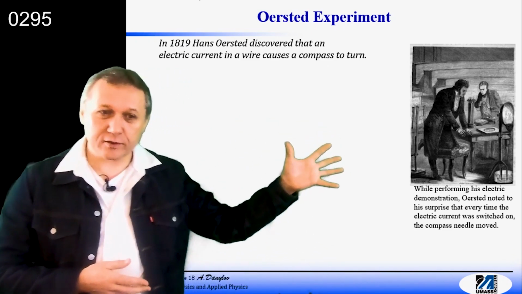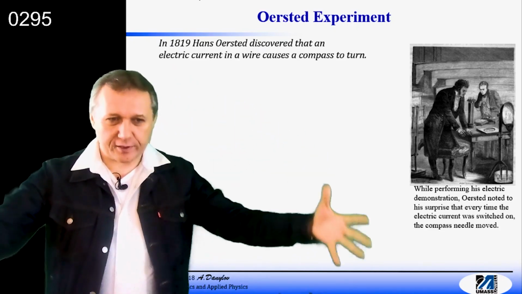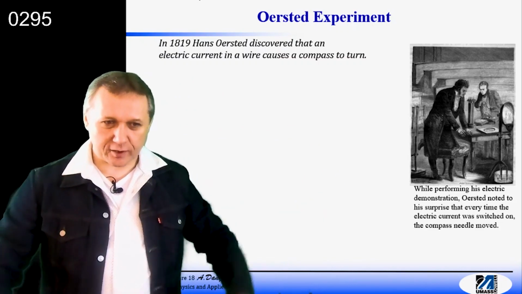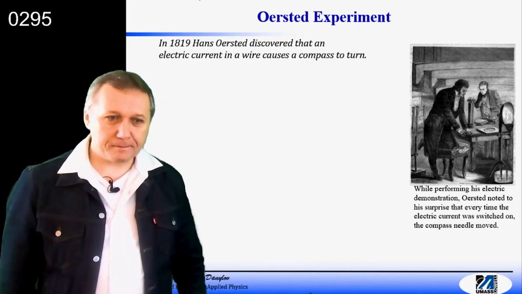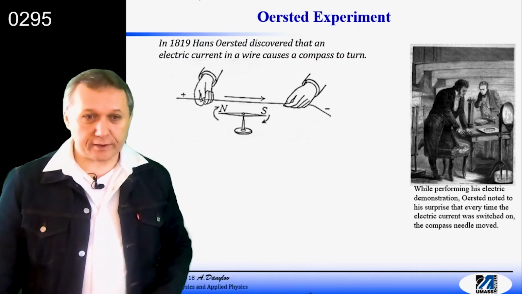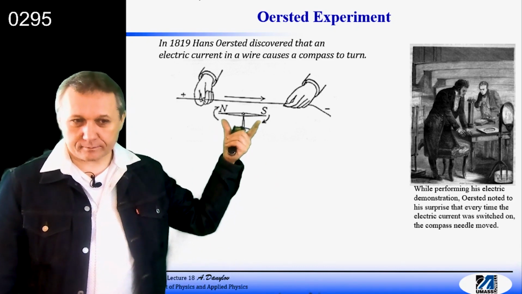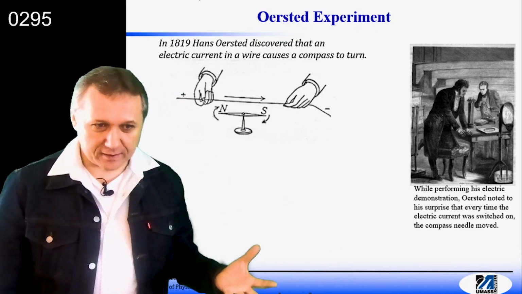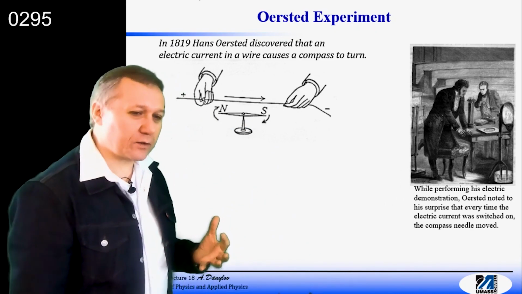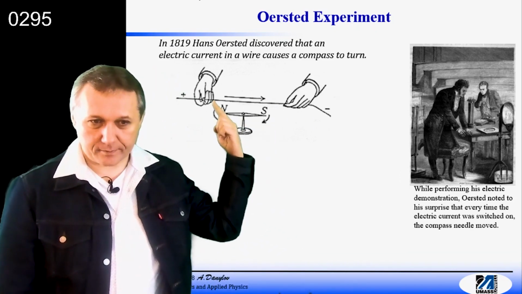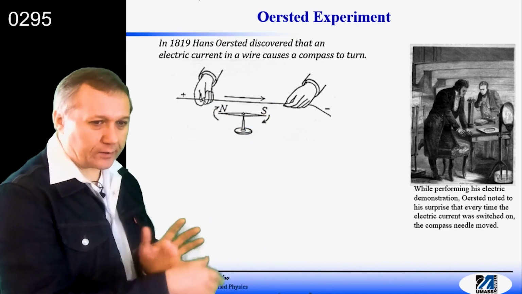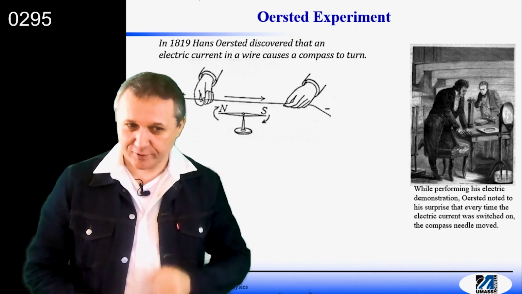But according to the legend, he was demonstrating something using strong current through the wire. And again, according to the legend, there was a compass needle not that far away. And he noticed that whenever he would turn the current on, the compass needle would respond, change its orientation.